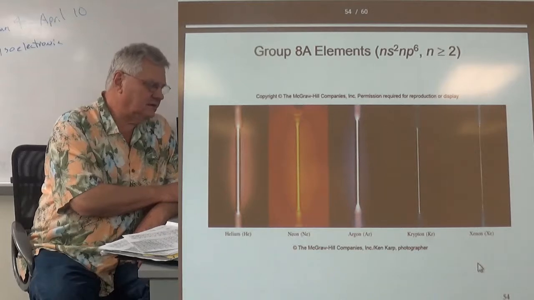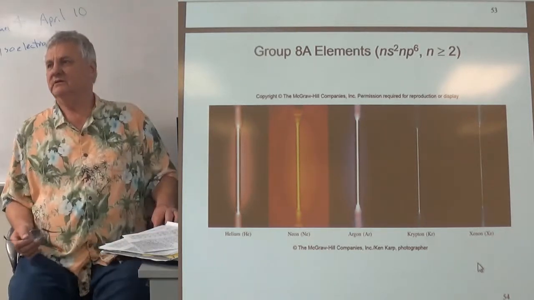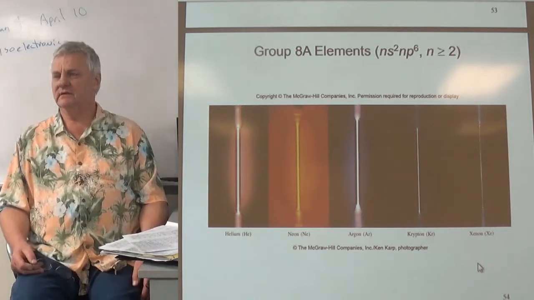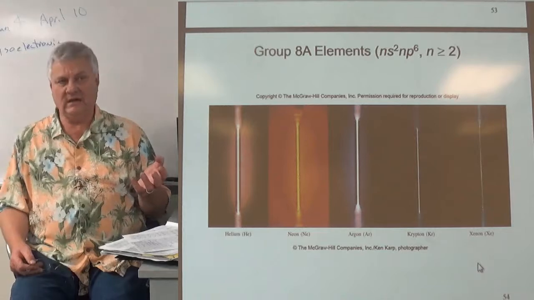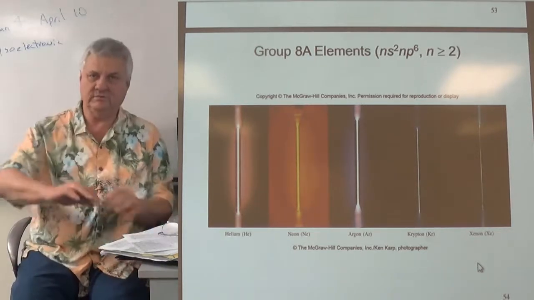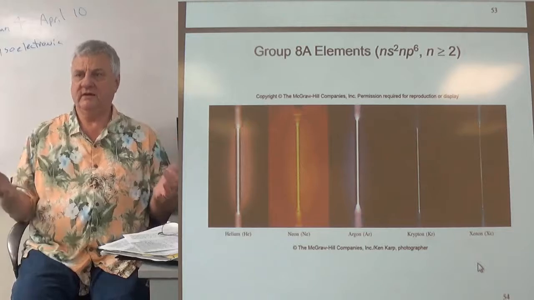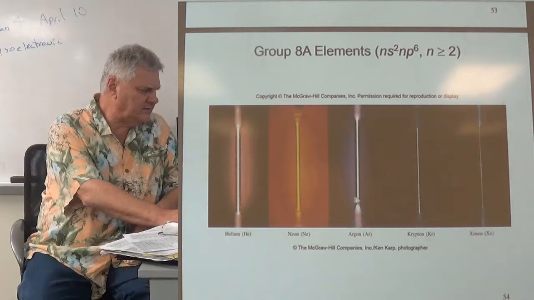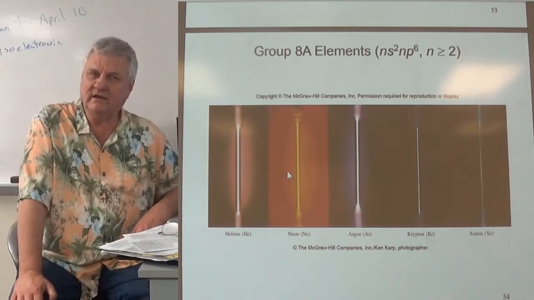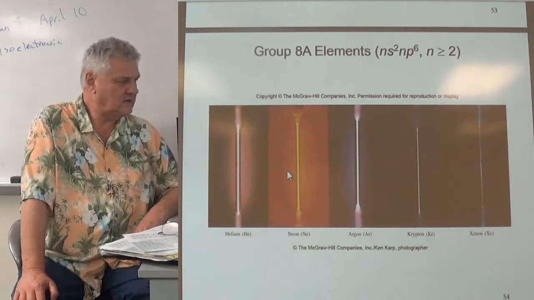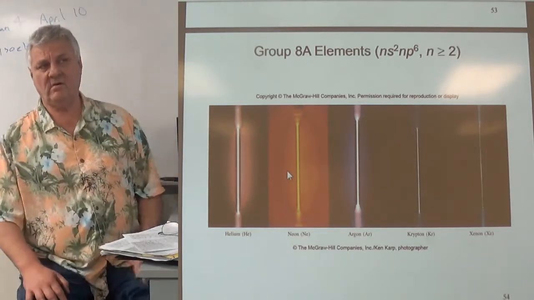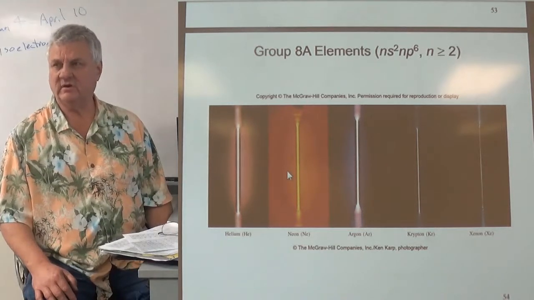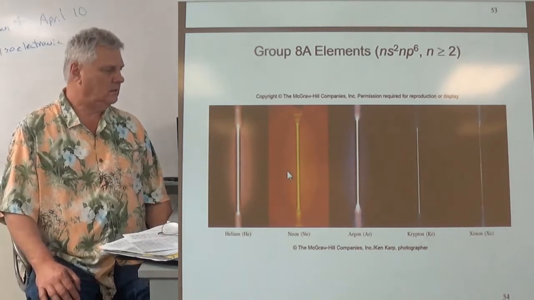One thing about noble gases, they have very high ionization energies, but that doesn't mean we don't ionize them all the time. If you've ever heard of a neon sign, they take a tube and fill it with neon gas, and they apply a very, very high voltage. And here you can see this is actually neon right here. This is the color you usually think of for neon signs. It's red-orange. This is the light that's given off when neon ionizes and conducts an electric current at very high voltage.